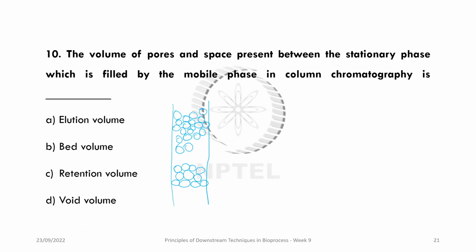So the volume of pores and space between the stationary phase, whatever pores or space, even if this is a gel permeation thing, then you're going to have pores also.